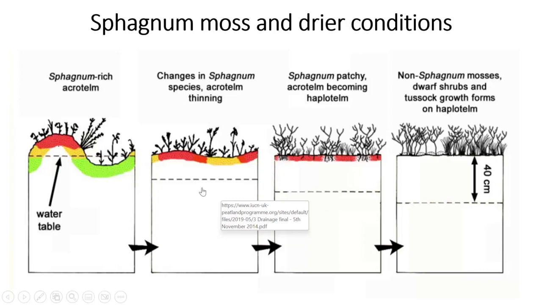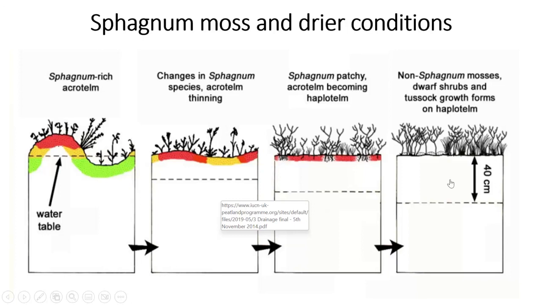If you have changes in that water table, say there's been drainage, you then start to lose that hummock and hollow. You start to get infilling of ground or material, and it all evens out. And then you're losing those really wet locations, so you're losing your wet sphagnum mosses. As time goes on and your water table drops, you're really only getting very small patches of sphagnum, if any at all.